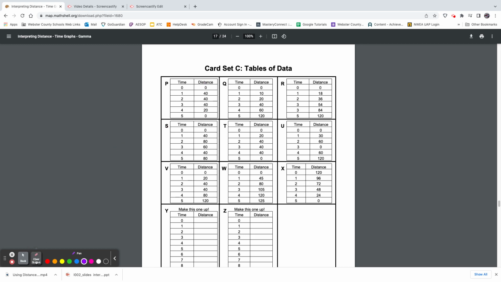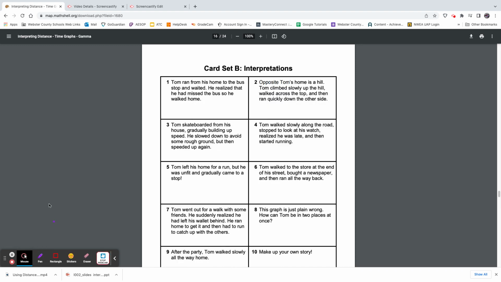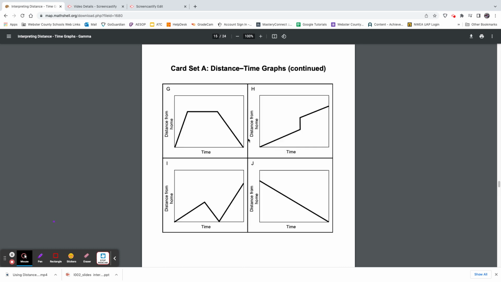Well, okay, so here are your stories. On this MFAL, you're going to be cutting out these stories and trying to decide what table would go with these stories.